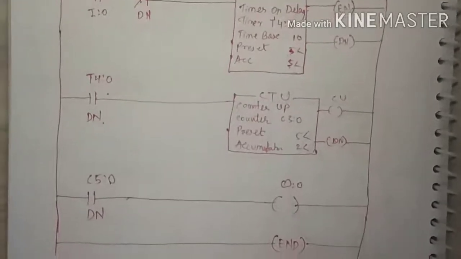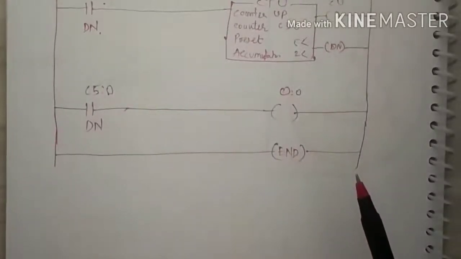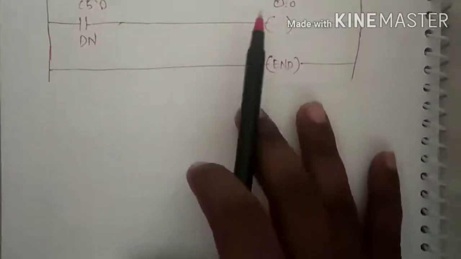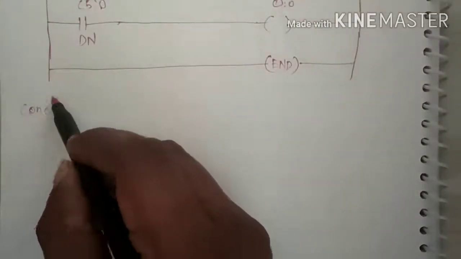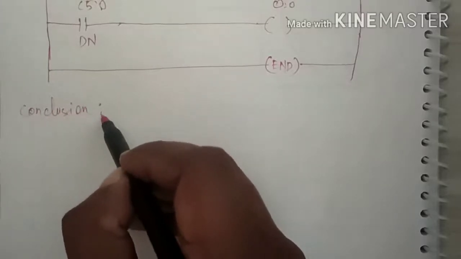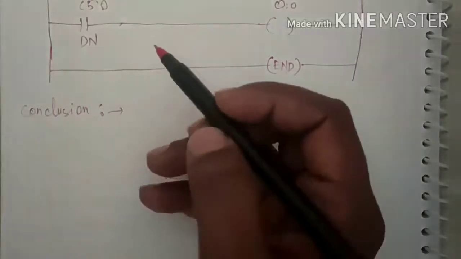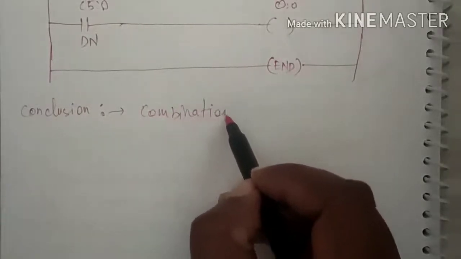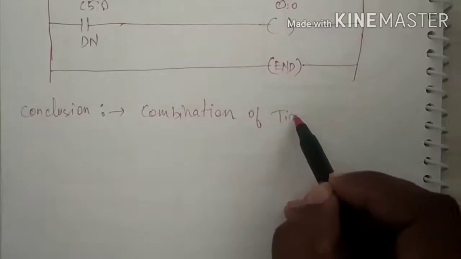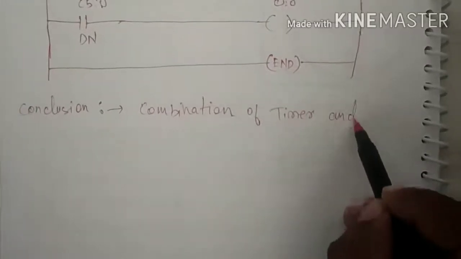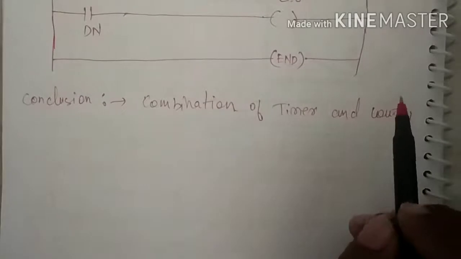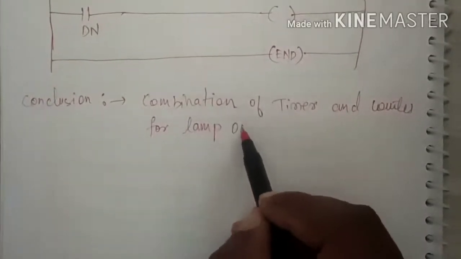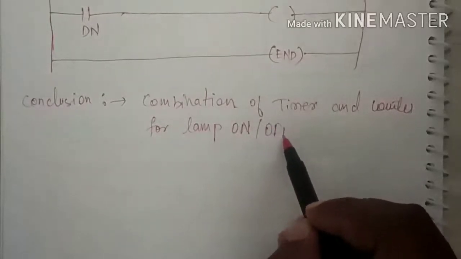Now I'll conclude. You have to similarly perform this experiment on the PLC software. The conclusion is that in this experiment we studied the combination of timer and counter for lamp on or off operation.